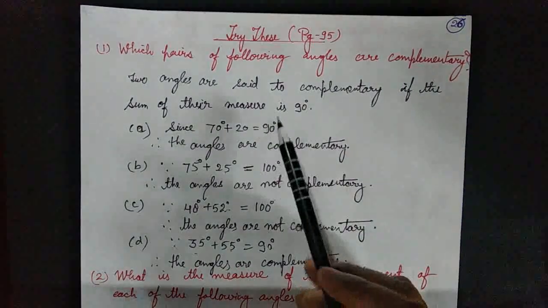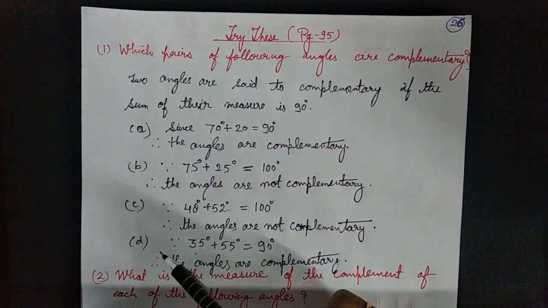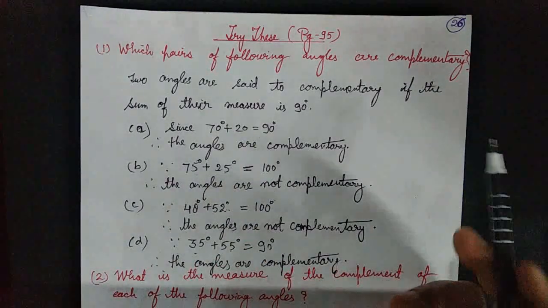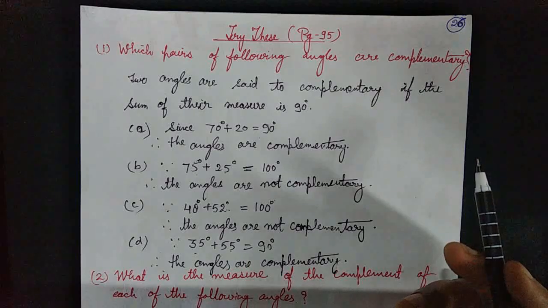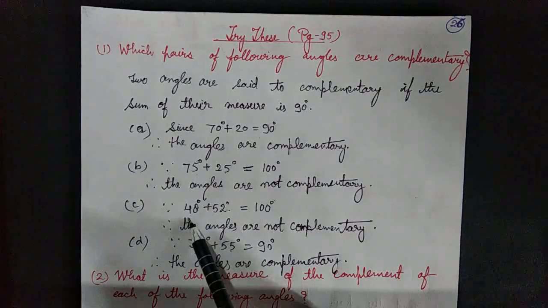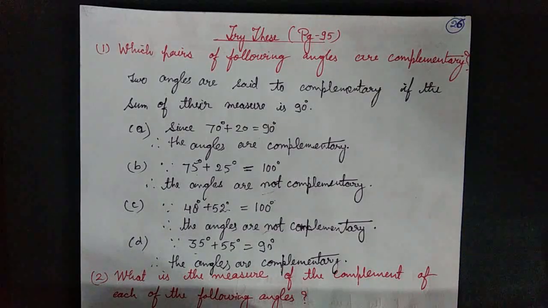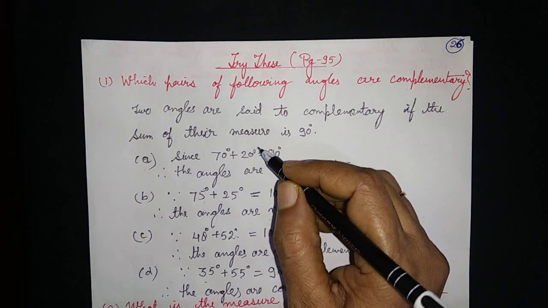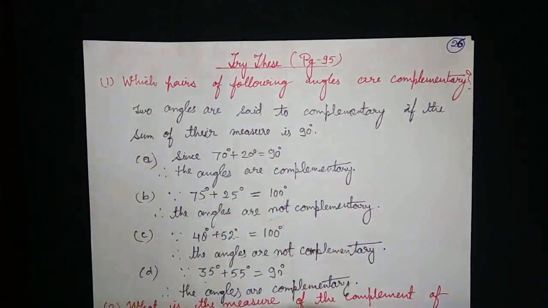So the pairs in A part and D part are complementary, and the pairs of angles in B and C parts are not complementary. Here you will put the degree sign.